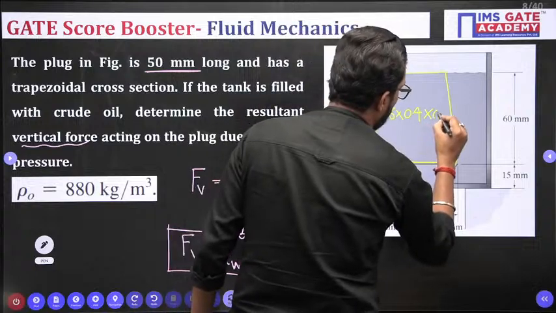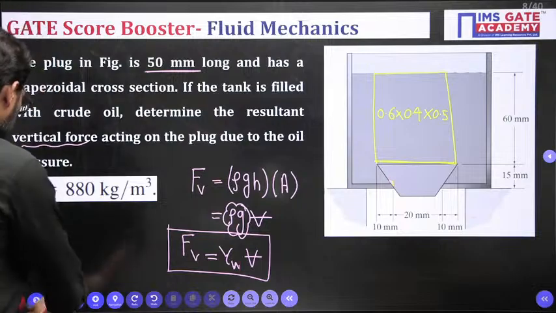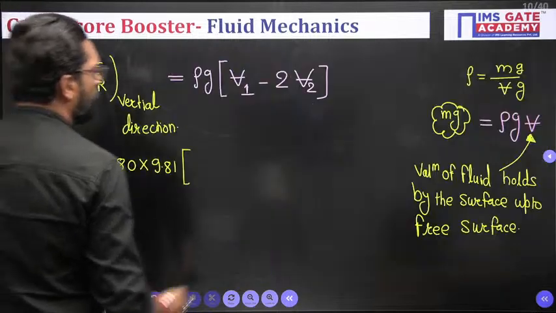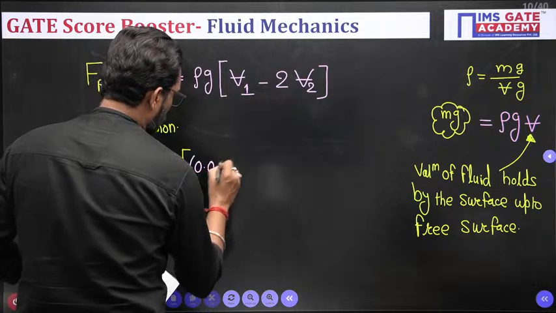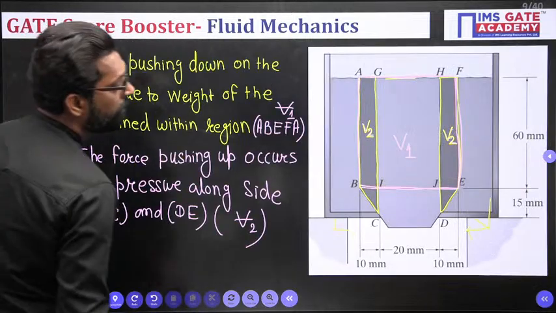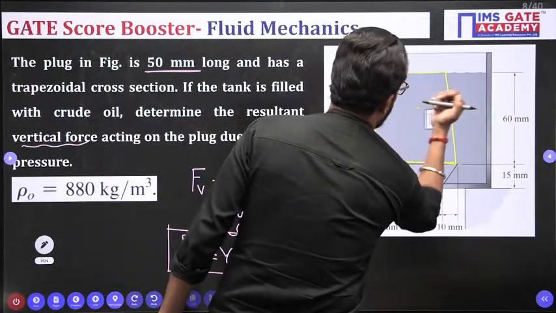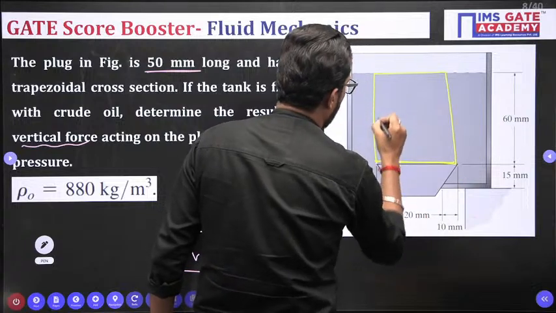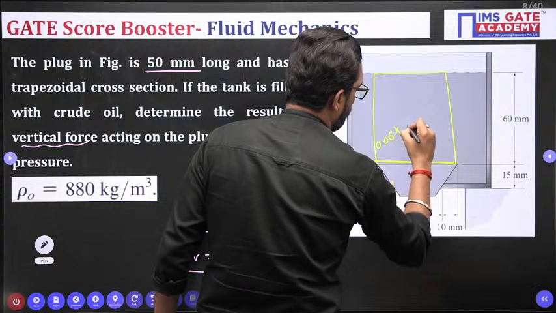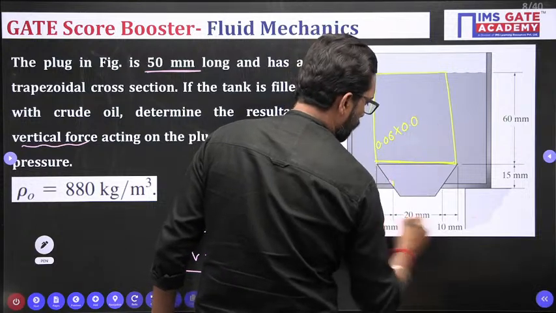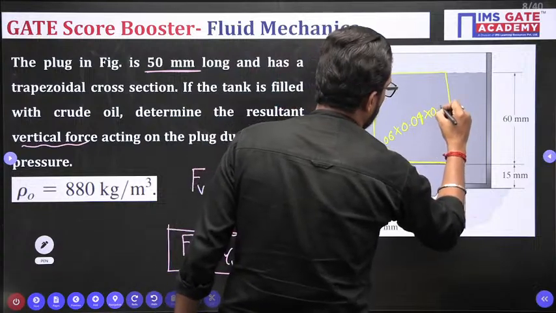0.5. So this is your total volume. What is the unit? It is mm. So the total volume is 0.06 cross 0.04 cross 0.05.